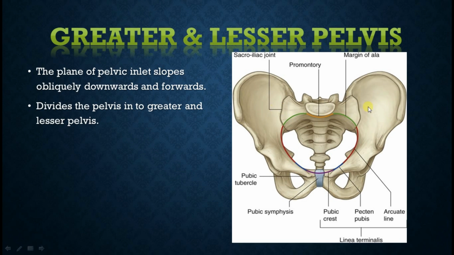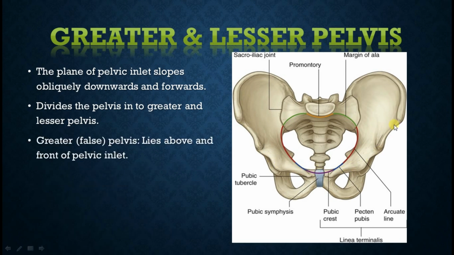On either side you have the iliac fossa and the iliac crest. Anteriorly, the bony wall is deficient. The bony wall of the greater pelvis is deficient, and it is actually the anterior abdominal wall which forms the anterior wall of the greater or false pelvis.